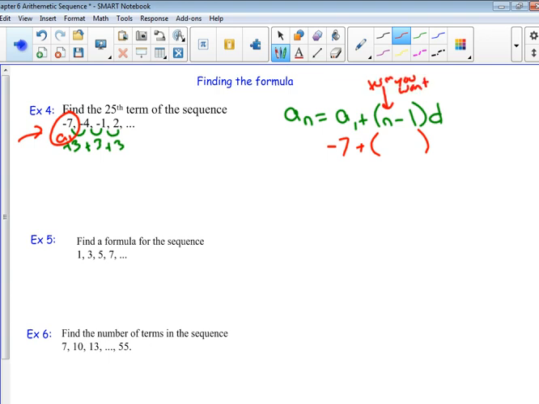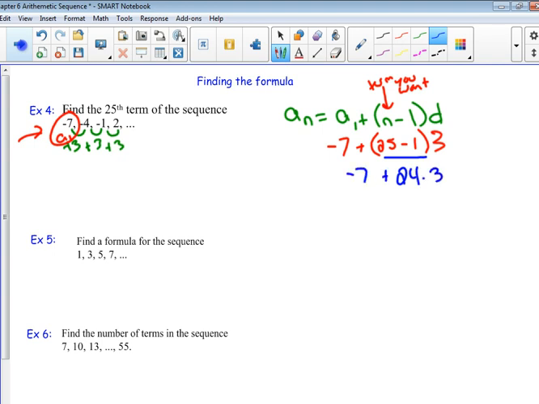So if we want the 25th term, what can you put in place for n? 25, perfect. So 25 minus 1. And then your common difference, what was going on here? 3, good job. Now this time you don't have any letters anymore. You have something in for every single part, so just make sure we're doing some PEMDAS. 24 times 3.